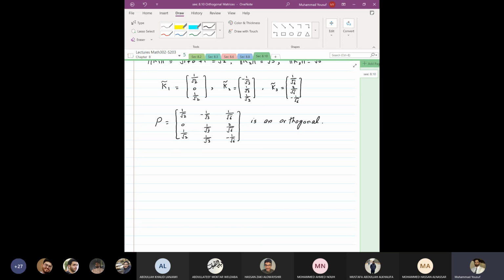In the case of vectors, we say their dot product is 0. In the case of matrices, we say the transpose of the first column multiplied by the second column, the first by the third, and the second by the third, is 0. And also the norm of each column is equal to 1.